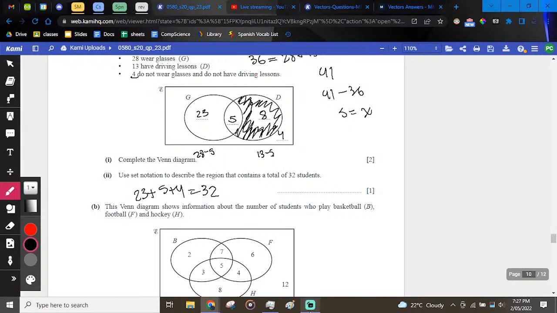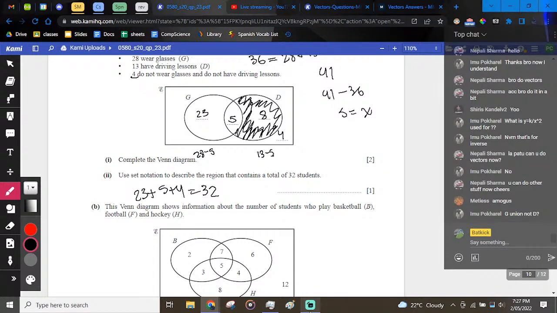Oh, chat. Chat to the rescue. G union, not D. Let's see. G union, not D. Perfect. Why does that work? Good, good, good.